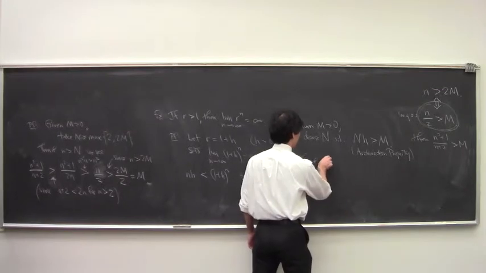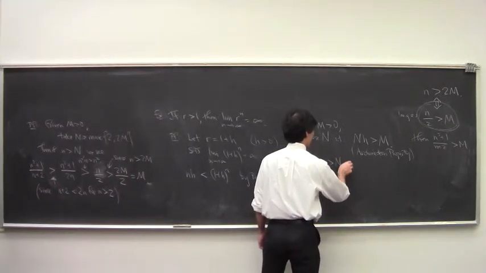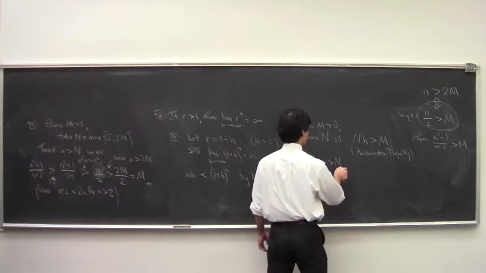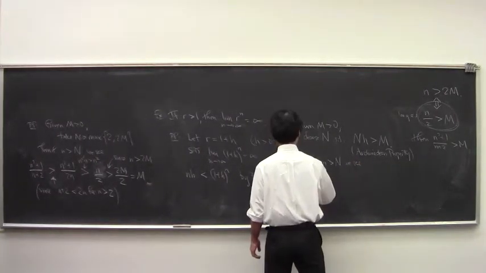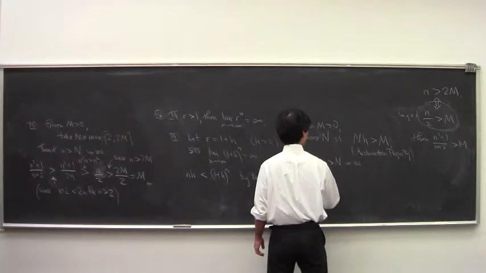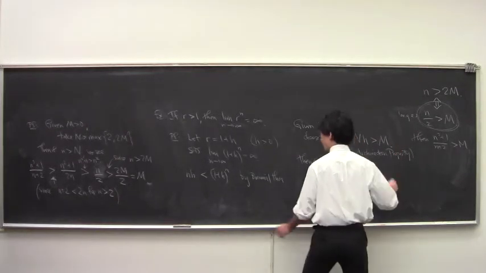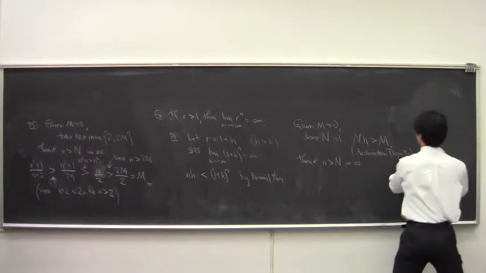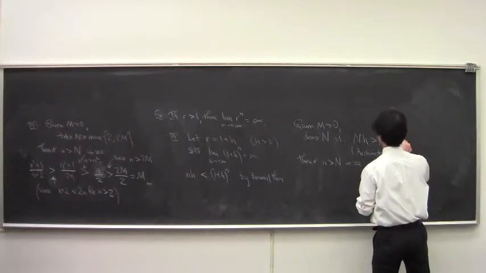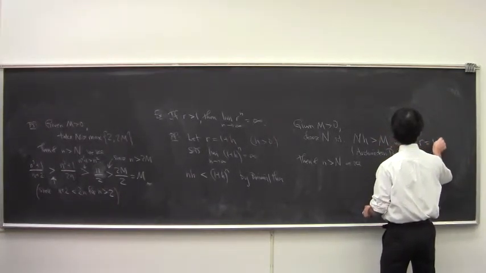Okay. So then if little n is past that big N, we see that, where r equals 1 plus h.